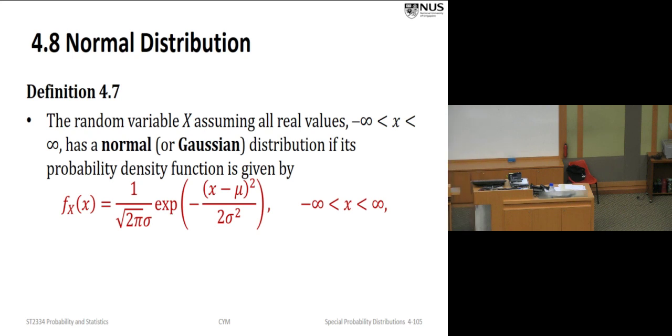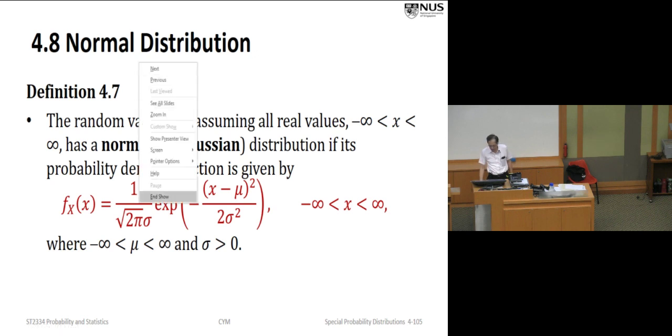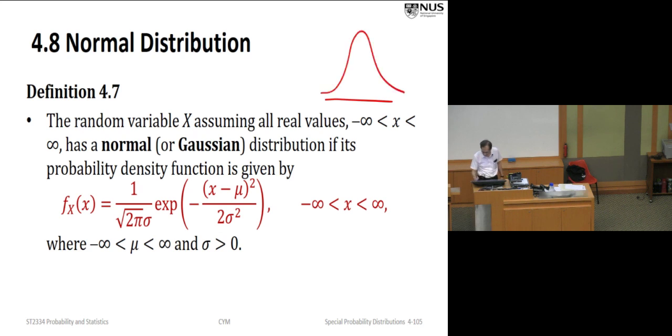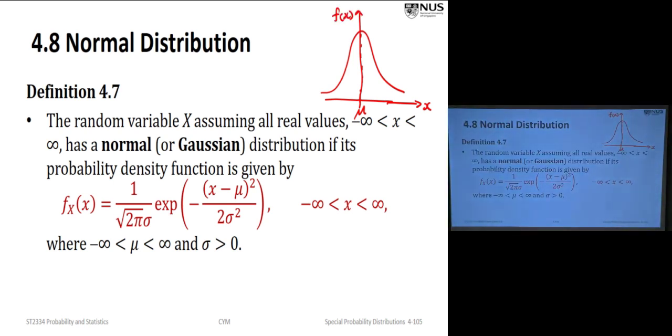The form is not important, but the PDF looks like a cross section of a bell, symmetric about the value mu. This is x, while this is f of x, the value of the density function. The density is highest at the point x equal to mu, and the spread is determined by this sigma.